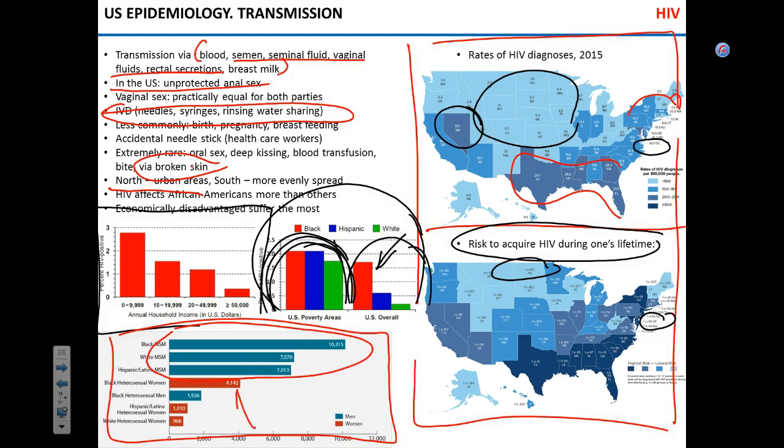And then we have African American men and women, and then Hispanic heterosexual women and white heterosexual women. So you can see that there are two main associations: poverty and race. Again, I use the word association. It's a complex relationship. It's not just, you're poor, you're going to get HIV, or you're black, you're going to get HIV. It's more complex.